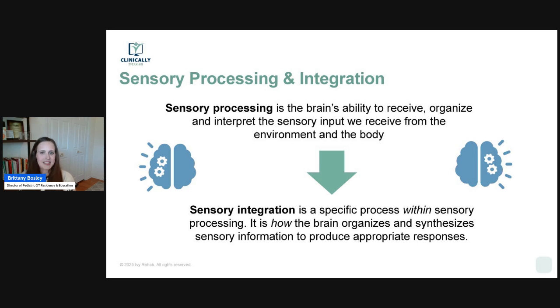It's important to pause and take a moment here to talk about the difference between sensory integration therapy, which is the AIR sensory integration, and sensory-based intervention. While they are similar, there are differences to be noted. AIR sensory integration therapy is a specialized form of therapy developed by Dr. Jean Ayres in the 1970s.